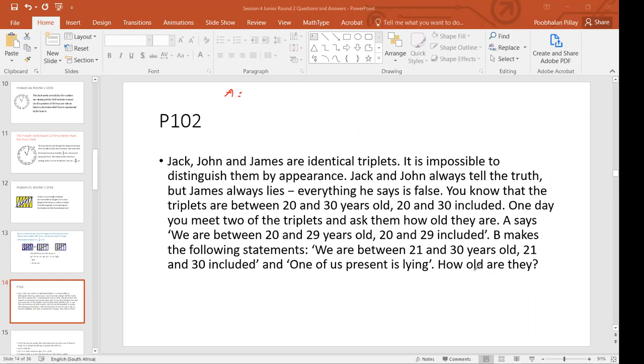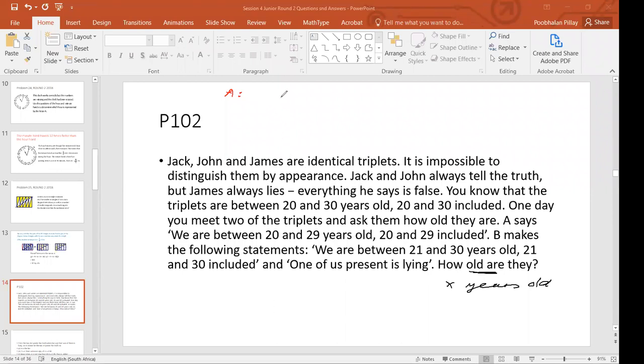Okay, let me just go to this first. How old are they? We don't know the age, but suppose they are X years old. Suppose all the triplets' ages are X. X is some number. Now what does A say? A says, we are between 20 and 29 years old, 20 and 29 included.